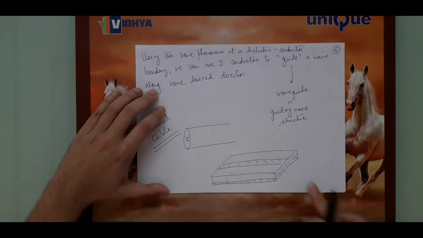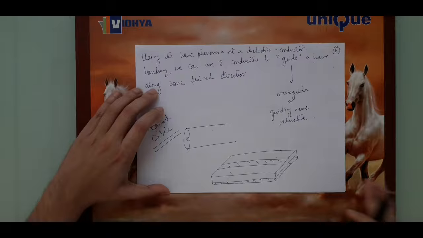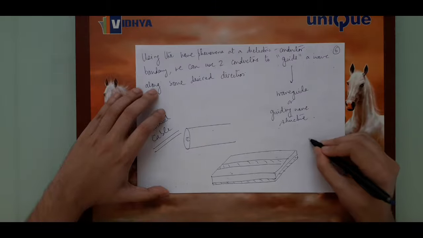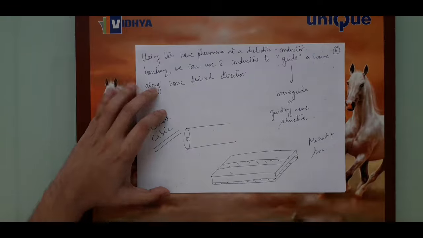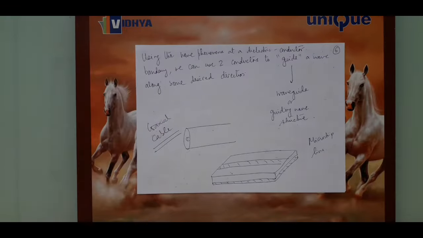This is an example of a two conductor transmission line or a waveguide. Even a transmission line in some sense is guiding a wave. This is called a microstrip line. There are optical fibers also which work with just a single element. There is no conducting element over there. There are hollow tubes also which work with single conductors, but we shall see that later.